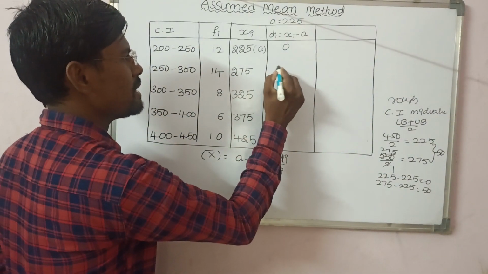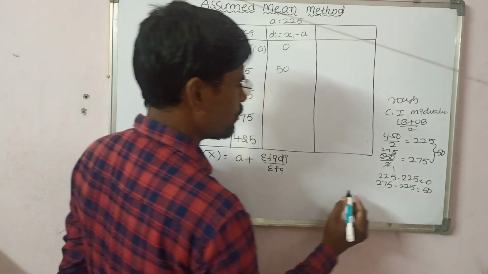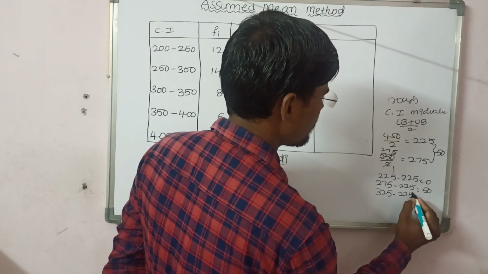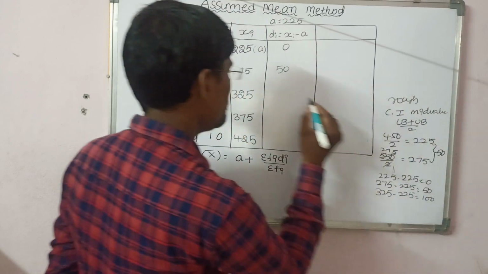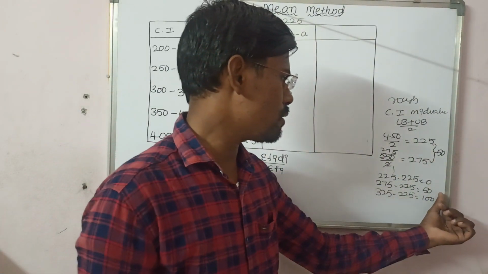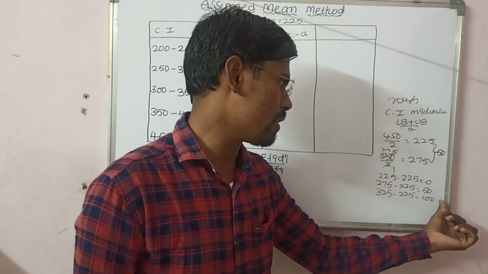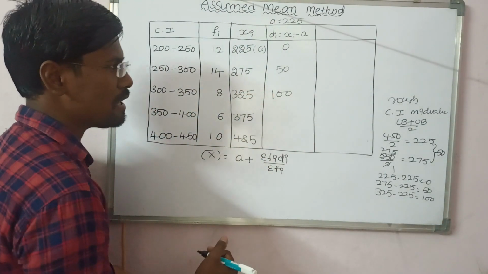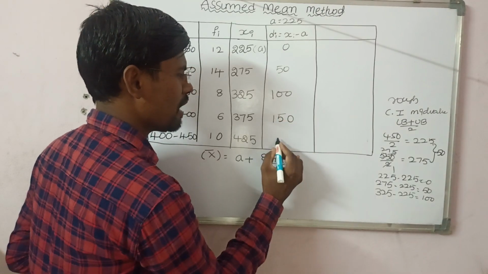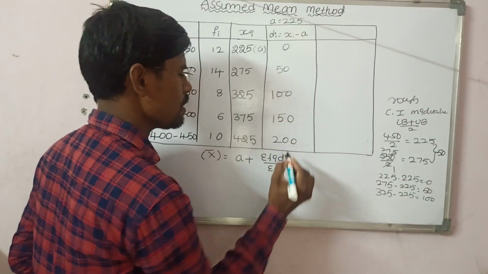Next, 325 minus 225 is 100. If we observe how it is increasing, 0 to 50, 50 increased, 50 to 100, 50 increased. Again it will increase by 50, so we get 150 and then 200.